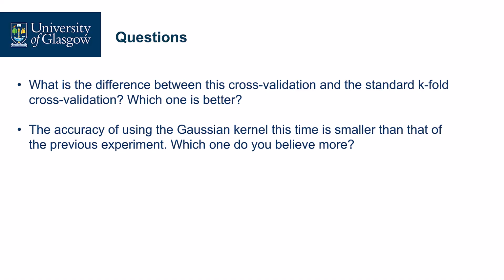But we find the best one is RBF, and the accuracy is 85.7%. But the previous one using Gaussian is 86.2. So this means that using the Gaussian kernel here, the accuracy is less than 85.7%, right? Given this difference, which result do you believe more?